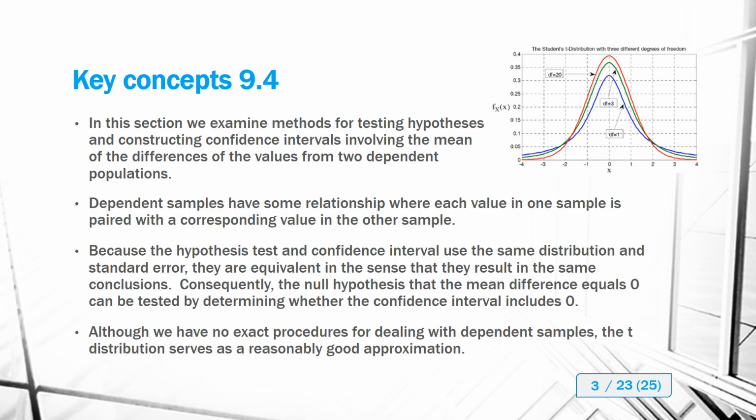So there is one member of the first group that is related to or connected with a specific member of the second group, and you can do that for each member of each group. That's dependent samples. So what we're going to do is look at both hypothesis testing and constructing confidence intervals.